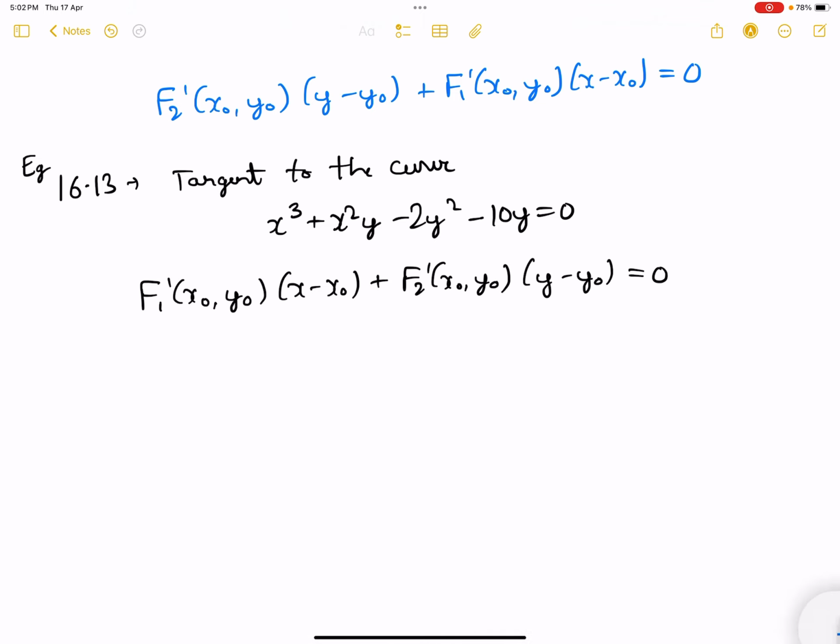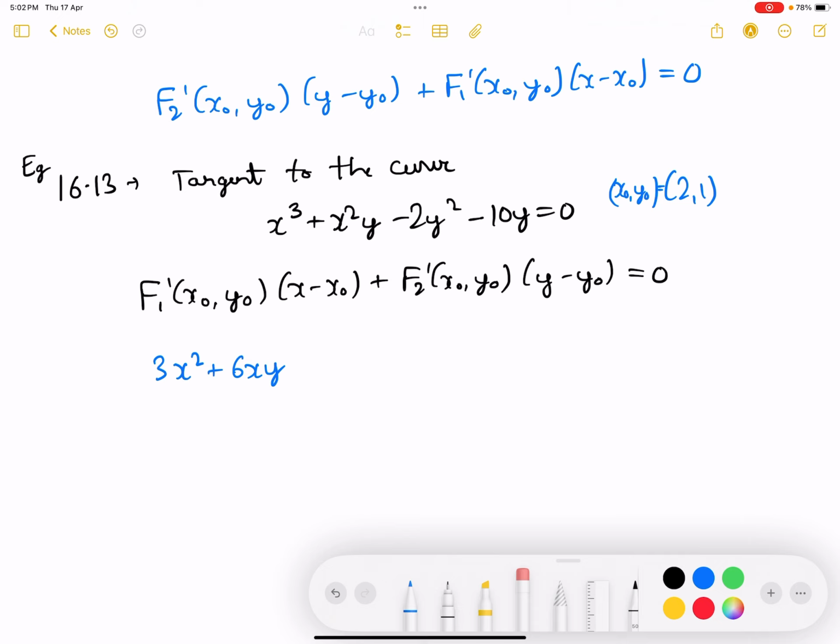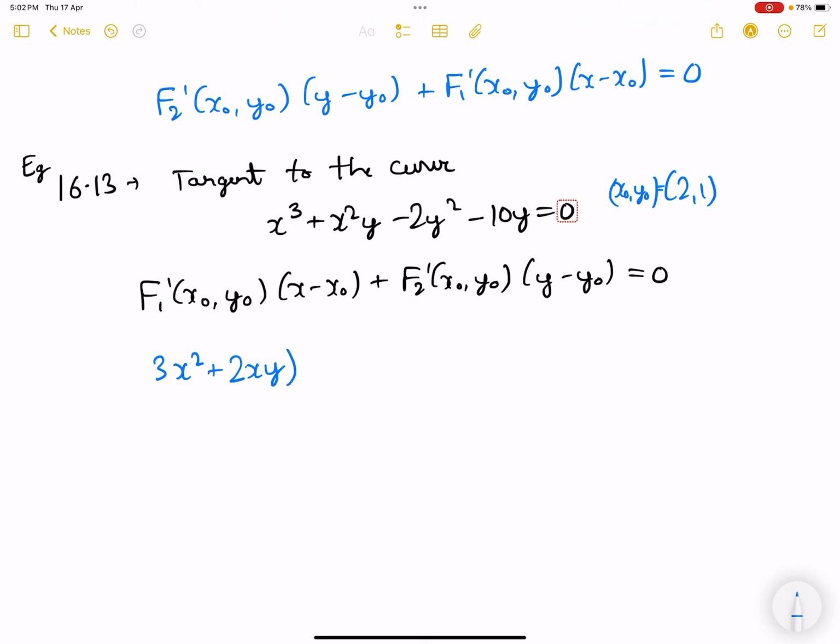Now f1 dash (x naught, y naught), this is 3x squared plus 6xy, and we are supposed to find it at the point (2, 1). X naught, y naught is (2, 1). Then f2 dash is x squared minus 4y minus 10. So you can simplify this.